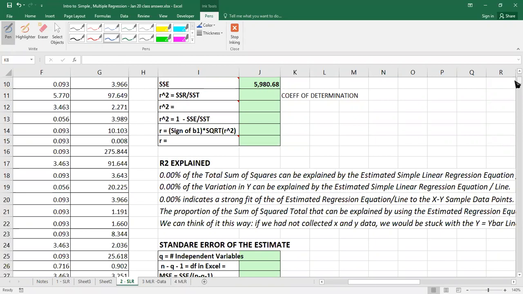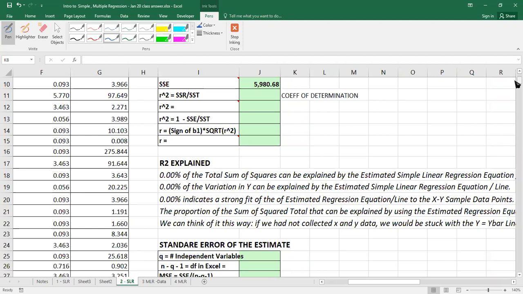Now, if we divide this by SST, so if I divide everything by SST, what happens now? SST divided by SST is equal to 1, and then SSR over SST plus SSE over SST. Okay.